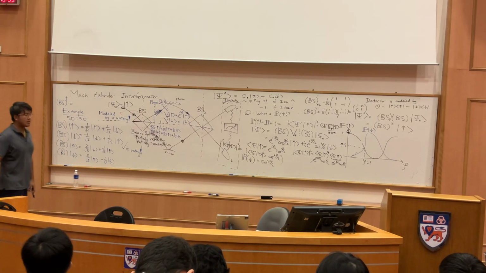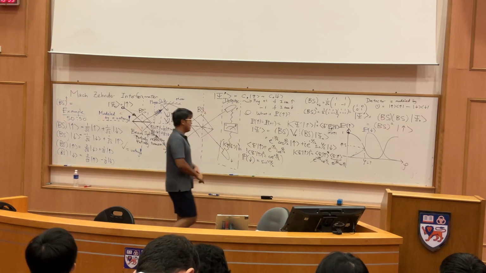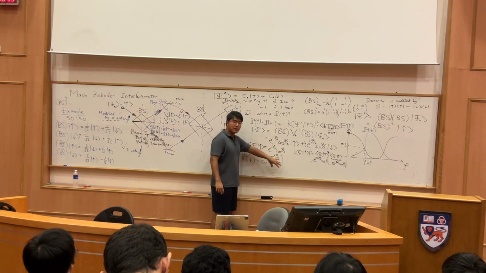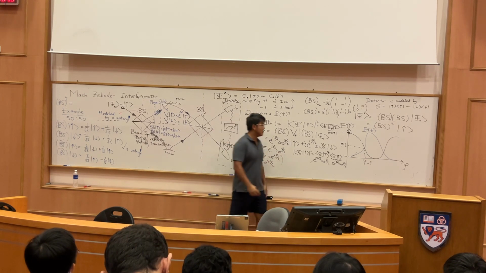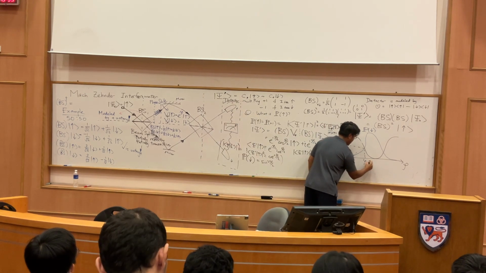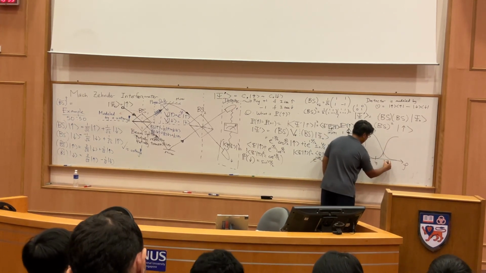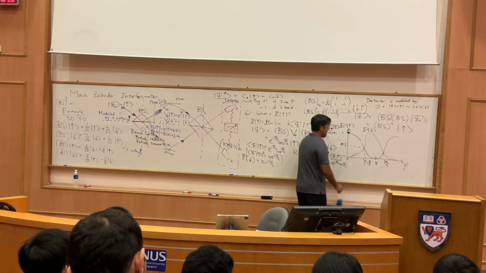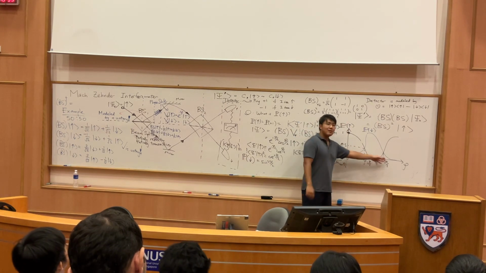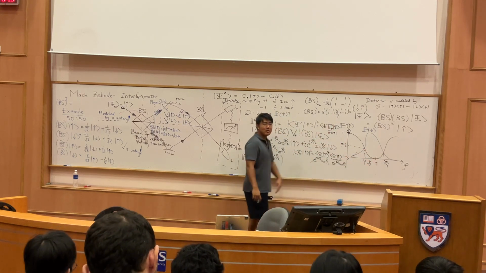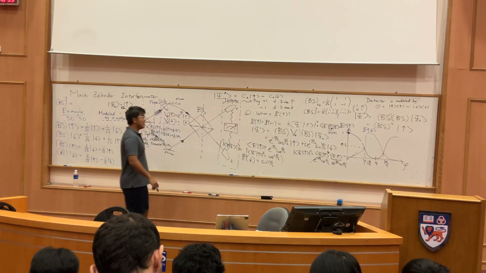Pi by 2? Yeah, exactly. You're asking when cosine square of something over 2 is one half. That's pi by 2. This is pi by 2, this is pi, this is 3 pi, and this is 0. I'm so sorry for the lousy graphic. This is actually one half, equally, but I drew it very lousy.